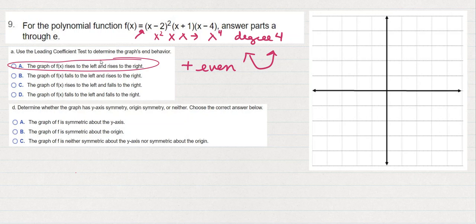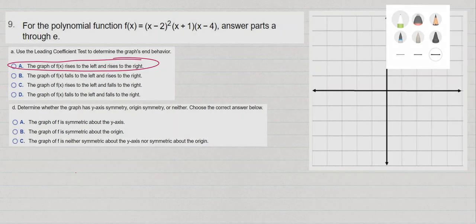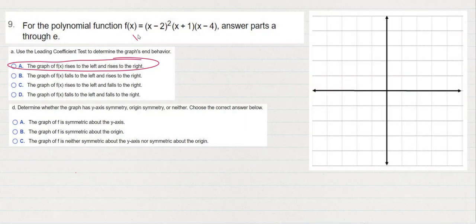Next, I could find those x-intercepts. This is going to be the easy part because it's already factored for us. If I set each factor to 0, if I let x minus 2 equal 0, I'd get that x equals 2.